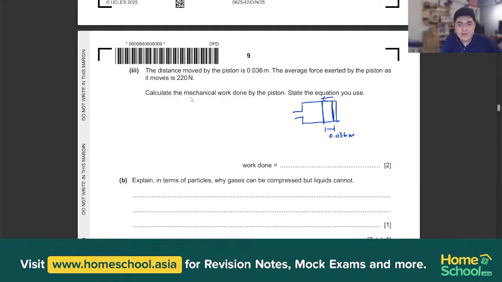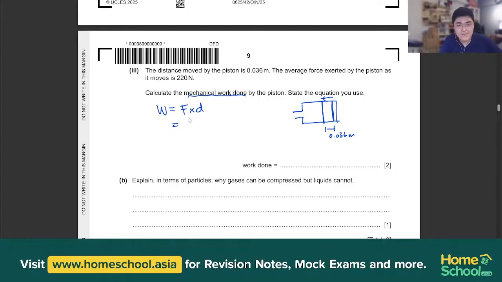So we are to calculate the mechanical work done. As you do know, work done is equals to force times the displacement or distance traveled. So this is equals to 220. Oops, my handwriting is very bad today.